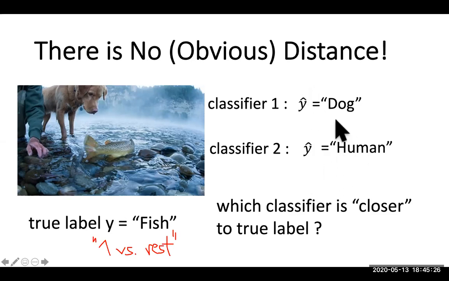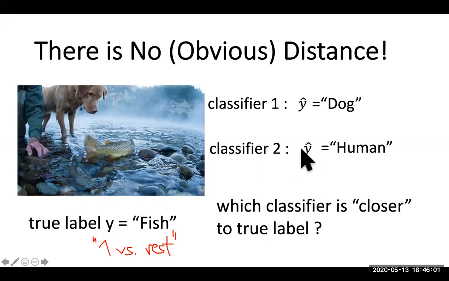And then for each of these binary classification results, you get some confidence measure, for example, using the absolute value of the linear predictor. Let's say you get a confidence that the image is human 90%, you get confidence that the image is dog 10%, and you get confidence that the image is fish 5%. And then you take the classification result with the highest confidence. So that's the basic idea of this one versus rest or one versus all multi-class classification.